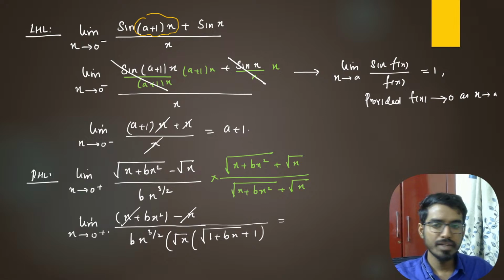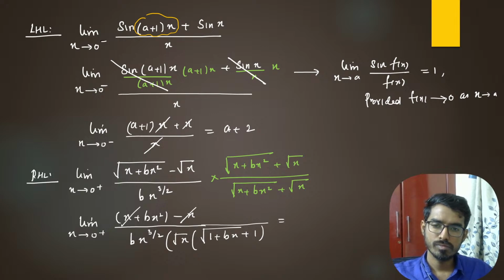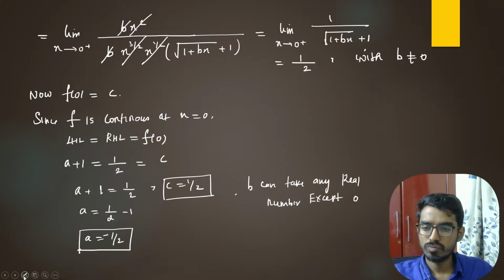Okay, sorry. Actually, it is a plus 2 here, right? So a plus 1 plus 1. If I take x outside, it will have a plus 1 plus 1, so a plus 2.